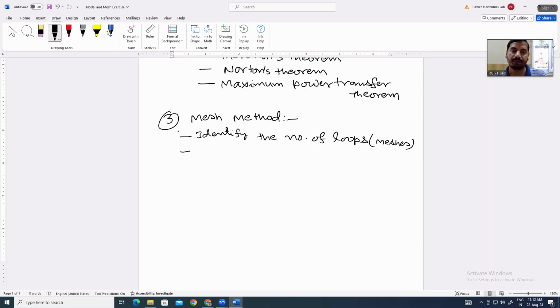Then we have to denote loop currents, and usually we consider the direction of loop currents to be clockwise.